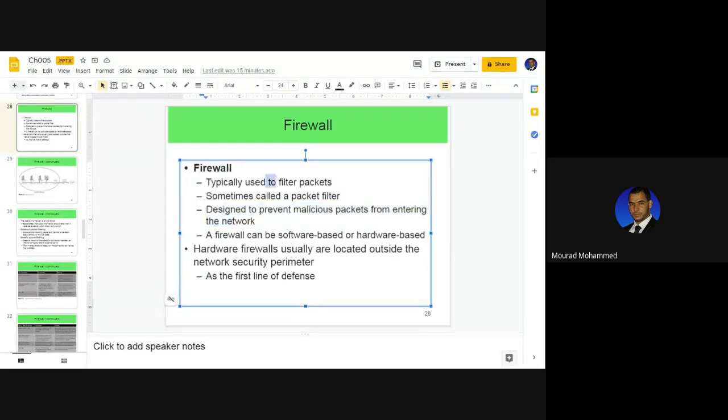So not only packet-based filtering, but also policy-based filtering. And those filtering capabilities can be done through either software-based, meaning an application to install, or hardware-based, a device to configure. Both of them are feasible.